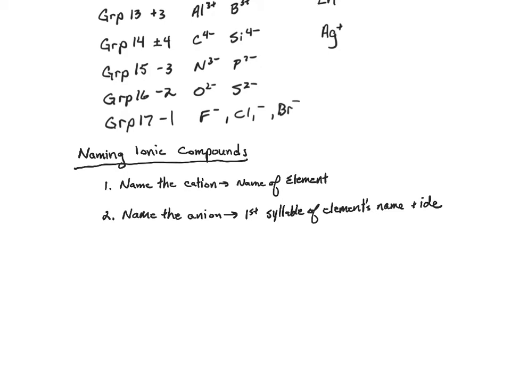So if it's oxygen, then the first syllable is ox, and we add IDE to that, so it becomes oxide. Then right after that, all we have to do is simply list the cation followed by the anion.